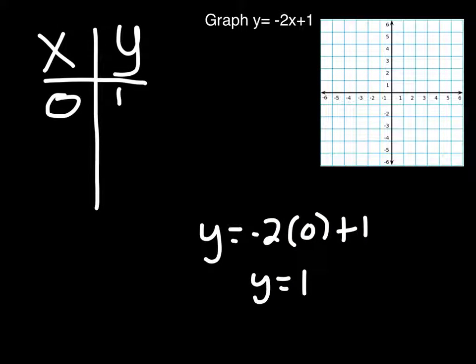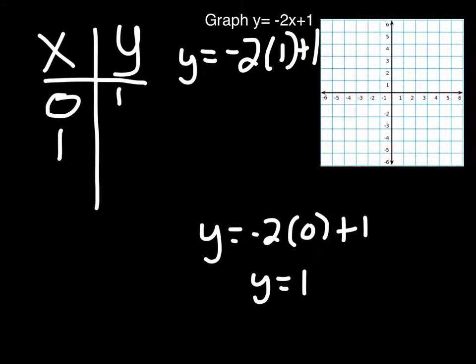Now I'm going to choose a different value for x, let's say 1. And I'm going to plug that into my equation, and when I do that, I get y equals negative 2 times 1 for my x plus 1.